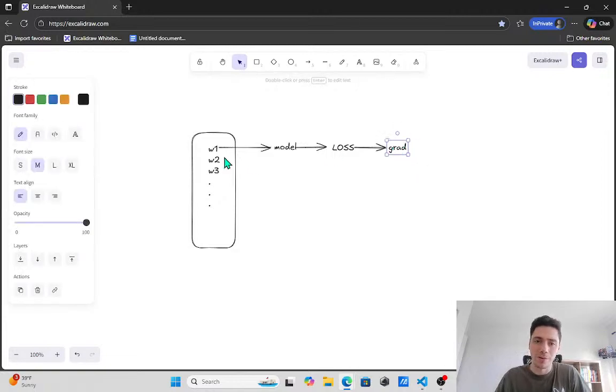From the loss, we get our gradients by backpropagating through there. Okay, so we have gradients 1, they go to a model, the model makes predictions, gets a loss. From the loss we get our gradients.